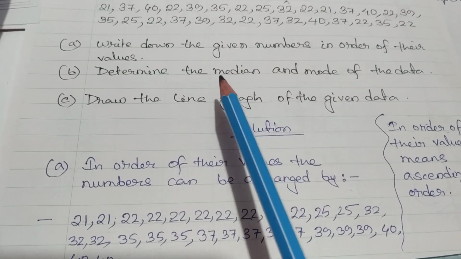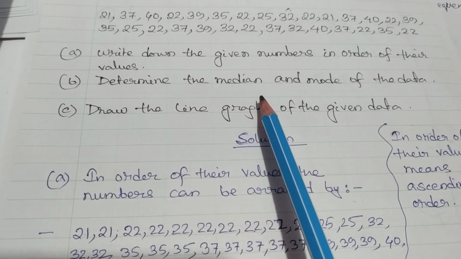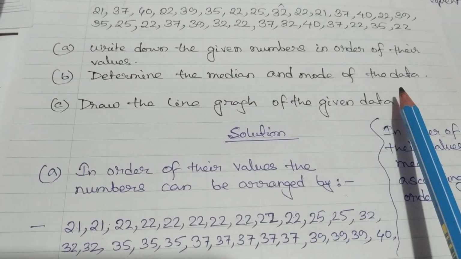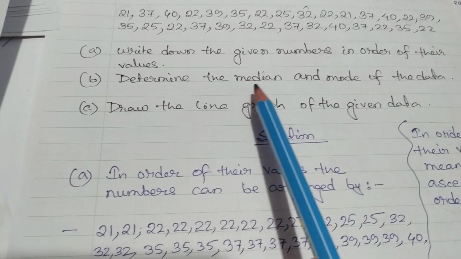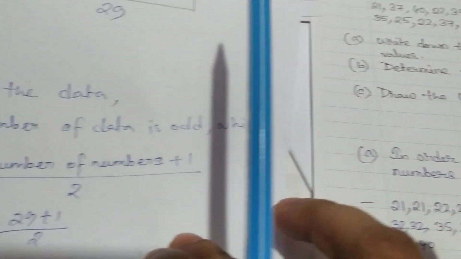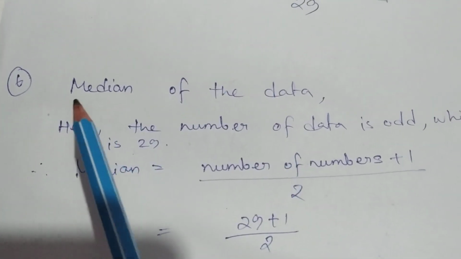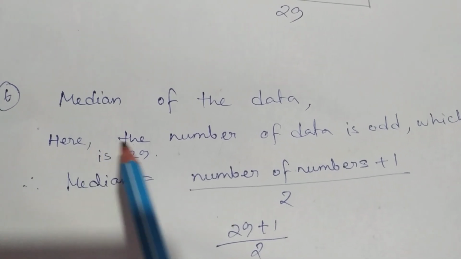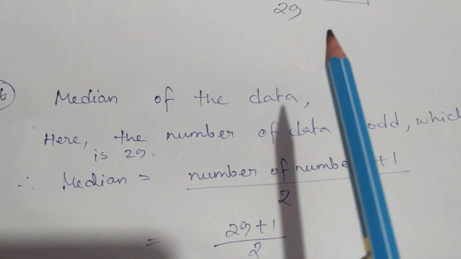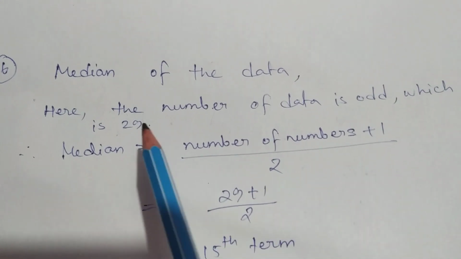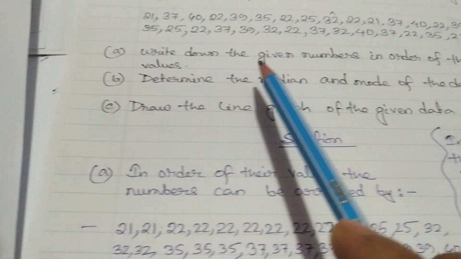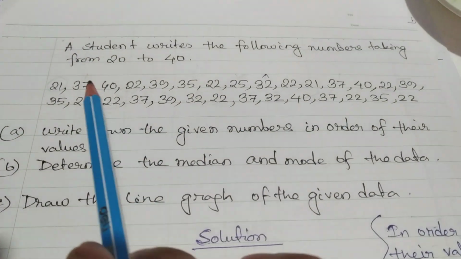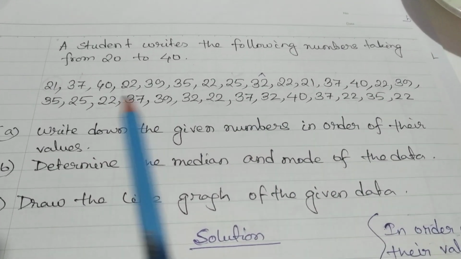Next, what you need to do is to determine the median and mode of the data. So median, we know there is a formula for median. If the number of data is odd, we have a formula to find the median of the data. Over here I've counted the number of numbers, that is 29.